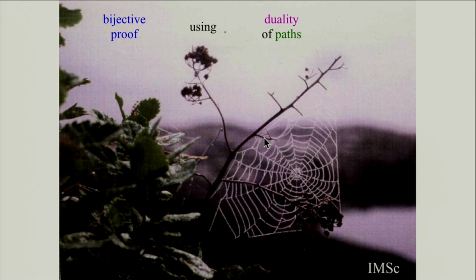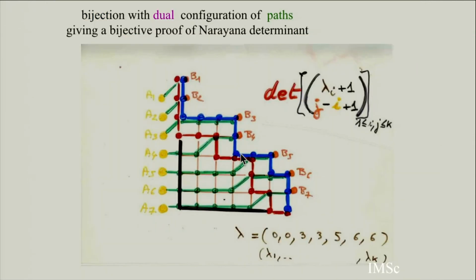Duality of paths means that in one of these very tight configurations, you make a hole. The hole is going to propagate in the dual configuration, and the propagation of the hole gives you an idea of a dual path. It's difficult to explain. There is a kind of duality of paths, and in the case of Kreweras's determinant, my pair of blue paths is in bijection with a dual configuration, which are the green paths.